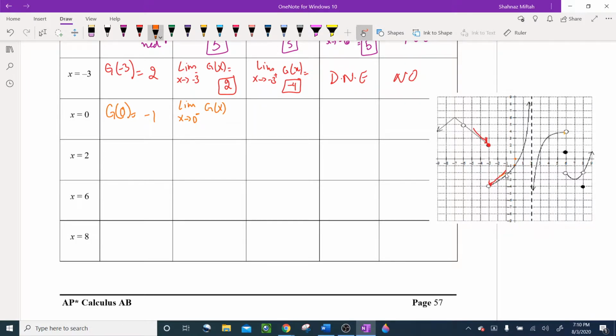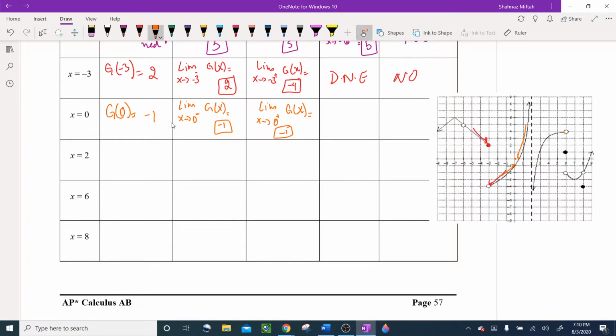So if I go from the left, I approach where my y value for 0 is, it's -1. So I'm going to say it's -1. Limit x approaches 0 from the right of g of x is equal. So that's my right, and I'm approaching 0, and the y value for 0 is again -1.